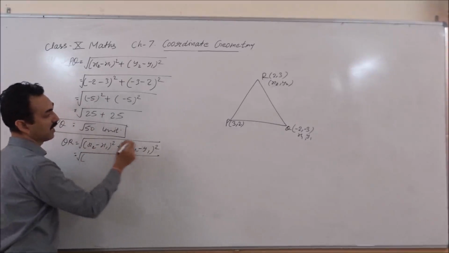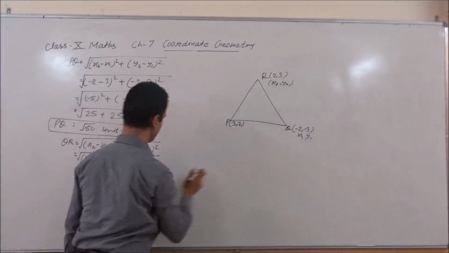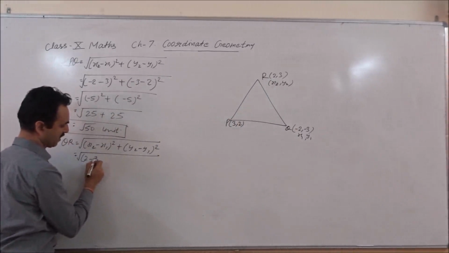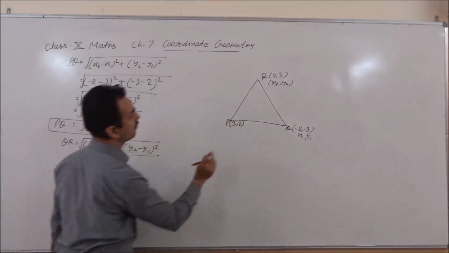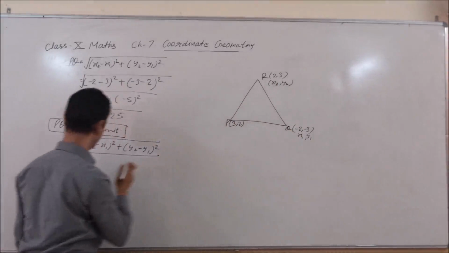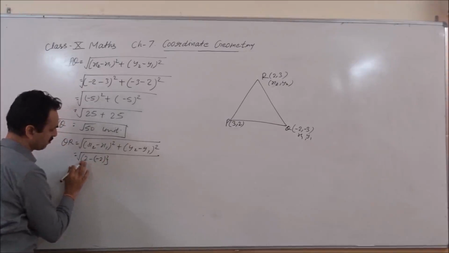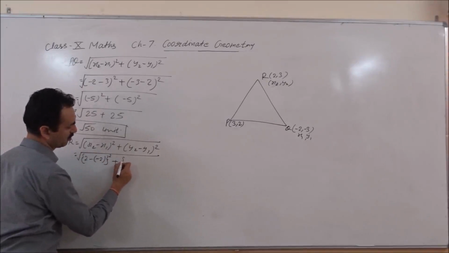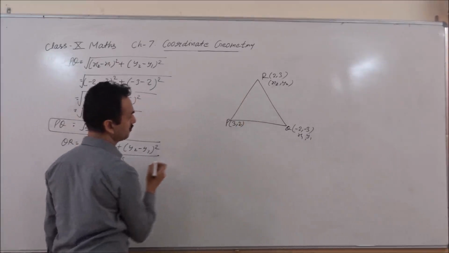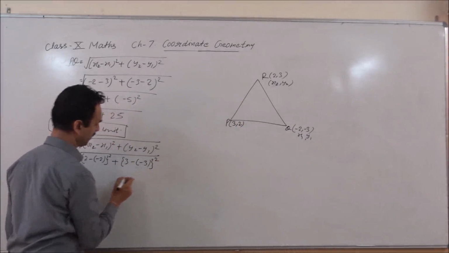So x2 is 2, x1 is -2, so 2 minus (-2). Again you will write -2, and here you will use this bracket. Whenever we use the small bracket, then we use the middle bracket. y2 is 3 minus again (-3), whole square.